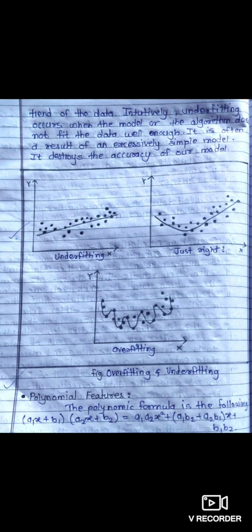Polynomial features. Here the polynomial formula is the following: (a1x + b1)(a2x + b2), that is a1 a2 x square plus (a1 b2 plus a2 b1) x plus b1 b2. This is the formula that is used for overcoming overfitting and underfitting issues.